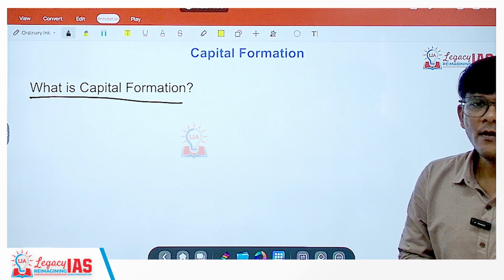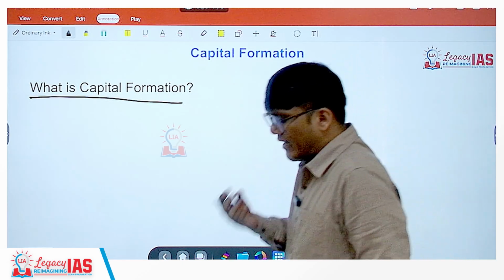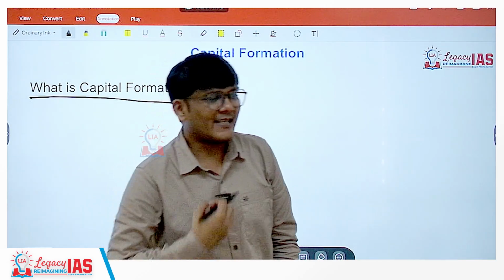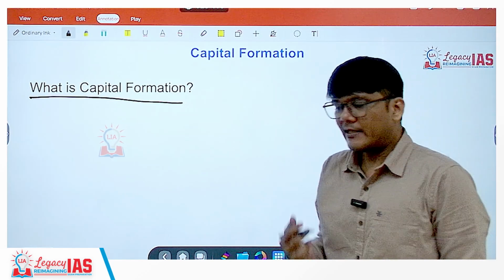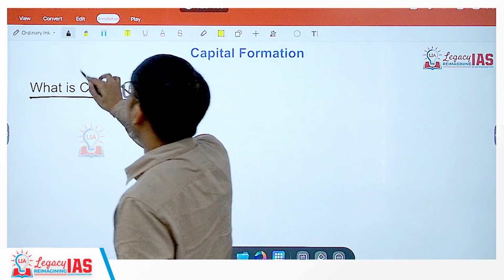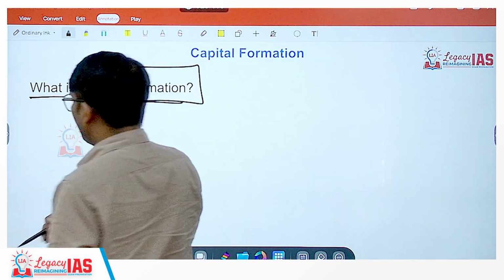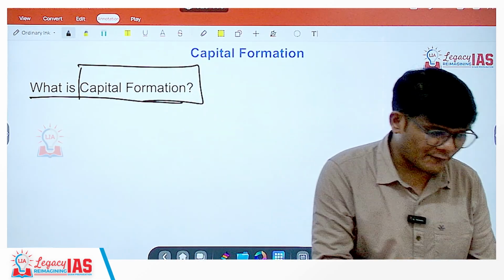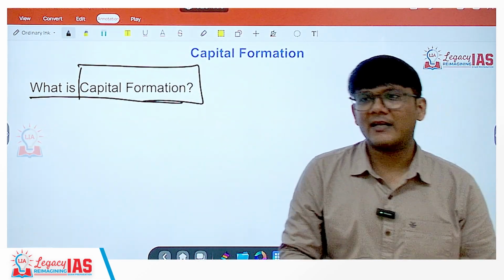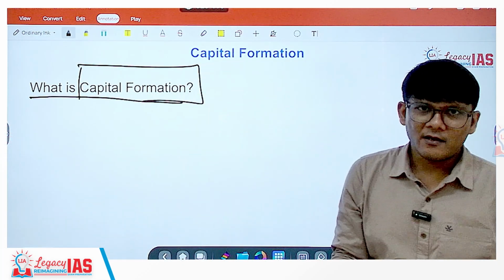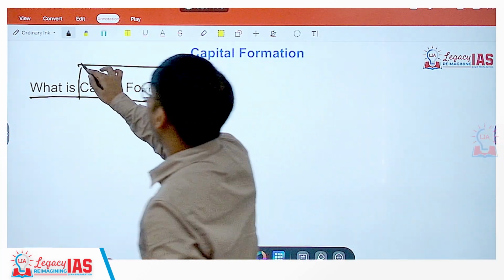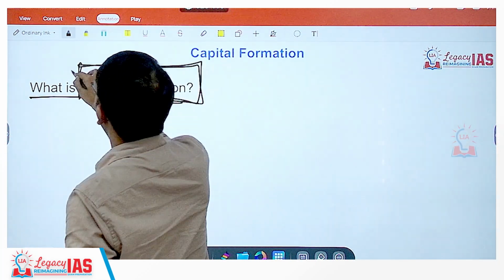Absolutely not. But if something gets saved, or let's say I invest something in a capital asset, that would lead to formation of the capital. Formation of the capital can be in a liquid form, or in an asset form, and when either of the two is there, then you can say that capital formation is happening.